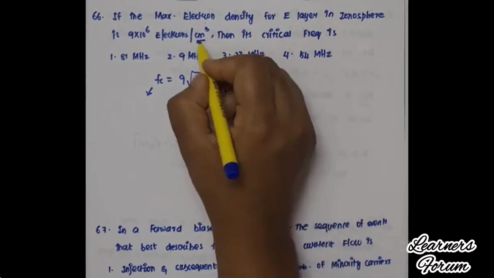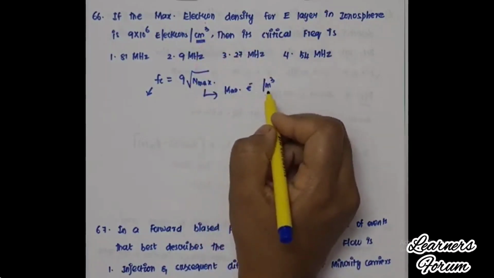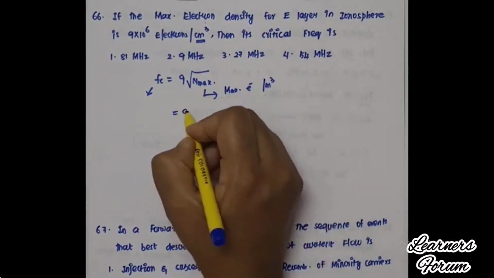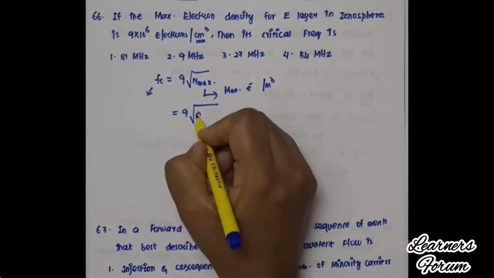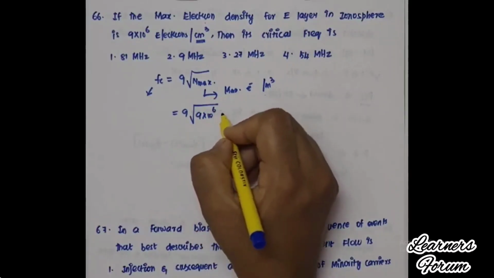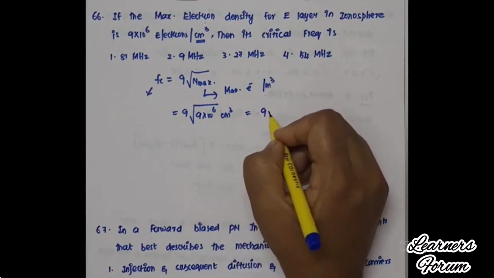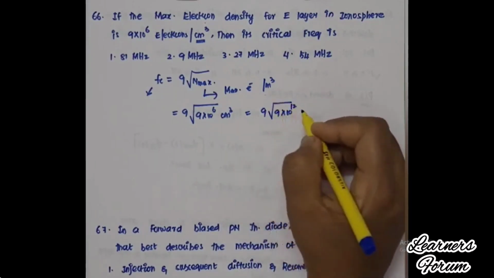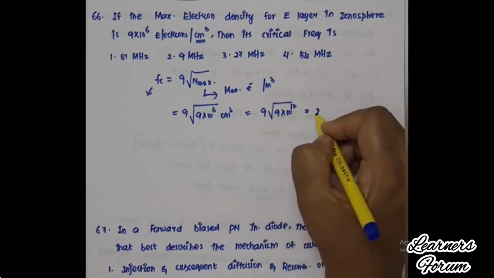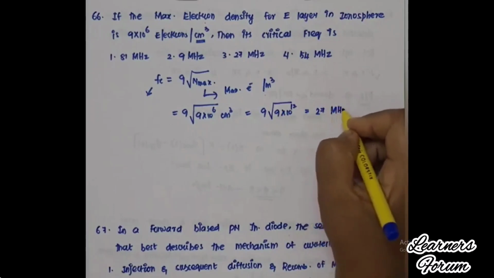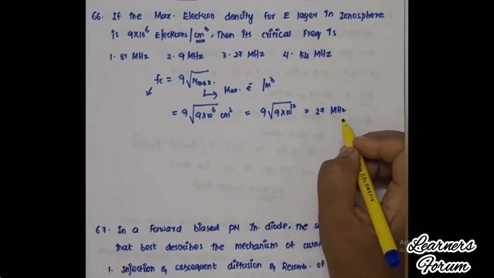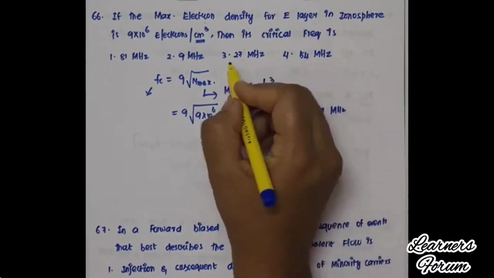In the question, we have got it in terms of centimeter cube, so we have to make sure that we convert that also. So 9 into square root of, the given value is 9 into 10 power 6 per centimeter cube, so we will get it as 9 into square root of 9 into 10 power 12. Solving this, we will get 27 megahertz. So this answer belongs to option 3, which is our correct answer.